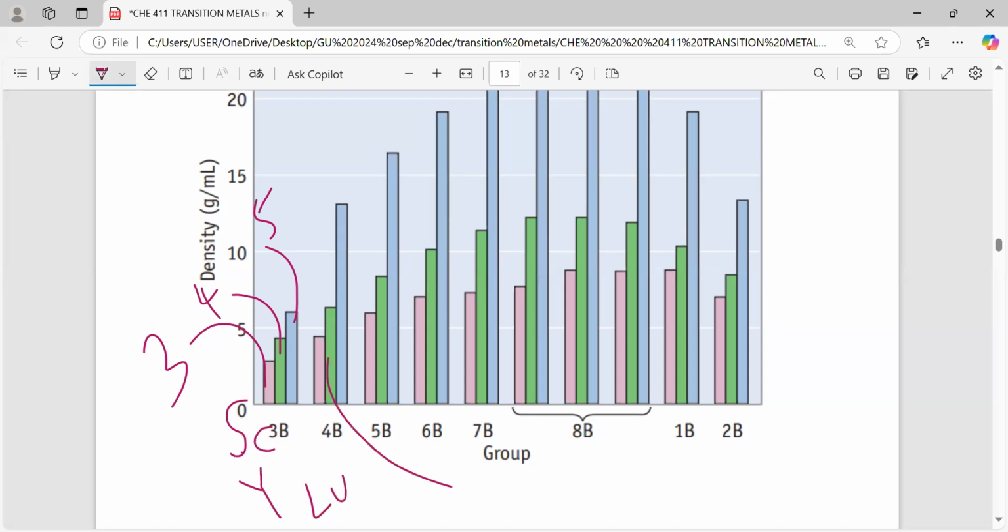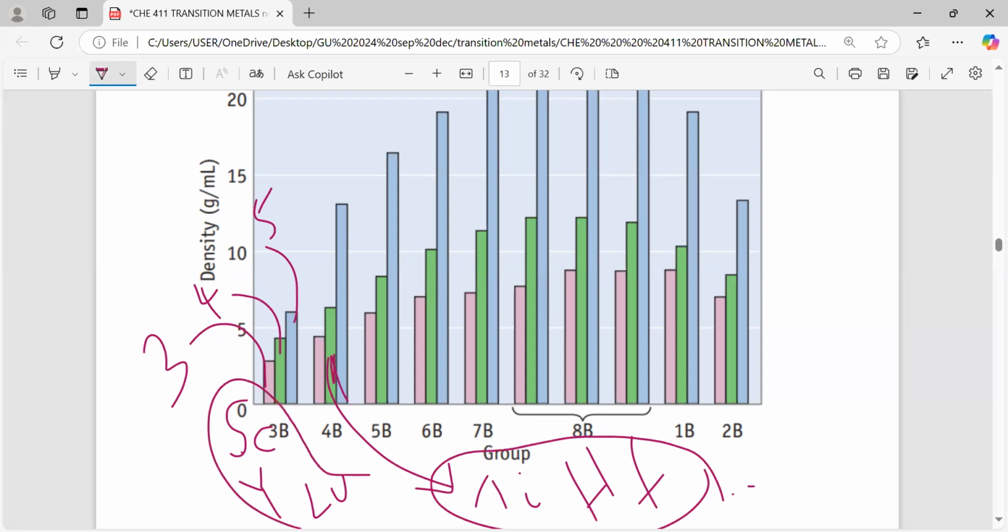Then the next group, of course, is titanium and hafnium, I think, and another one there. So all through you see that the elements in period 6, period is supposed to be period 4, sorry, 5, and 6. Elements in period 6 represented by the blue bar is usually the highest density so far.